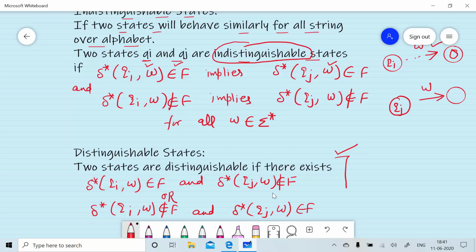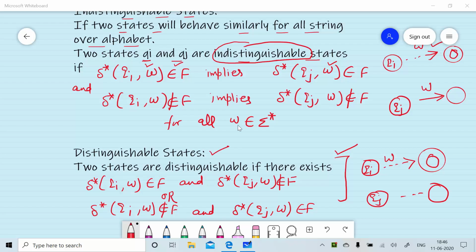So distinguishable means that we have two states Qi and Qj in the finite automata, and on processing of string w, one reaches the final state and the other reaches the non-final state. Then we call these states distinguishable states.